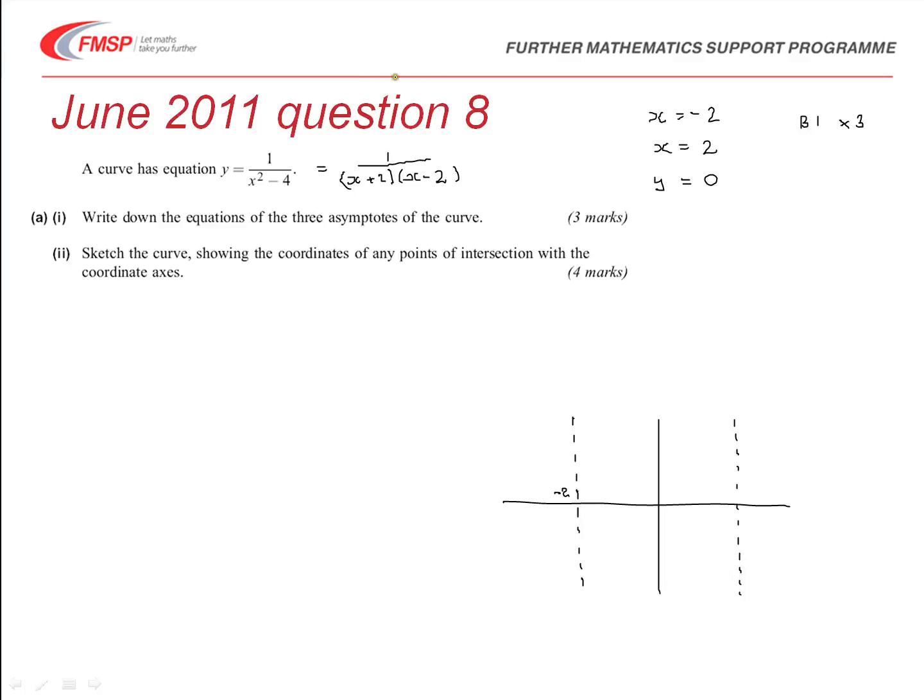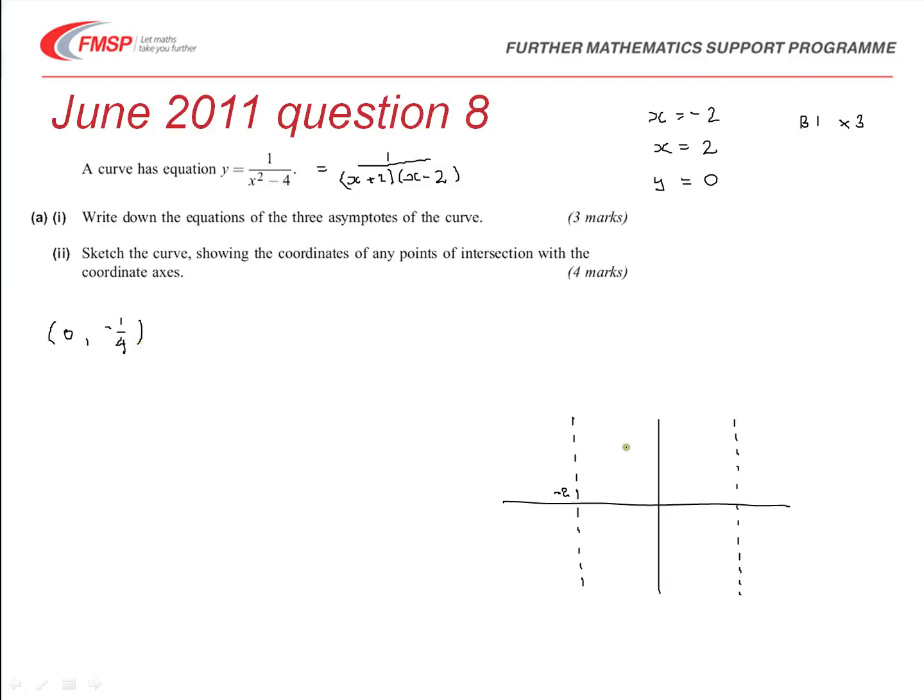Next thing we then need to consider is what happens when x is 0, because that will give us a point of intersection on the y-axis. So when x is 0, we would get a y value of 1 over 0 minus 4, so that's negative 1/4.